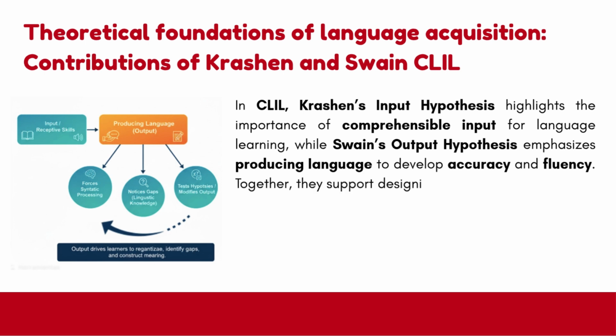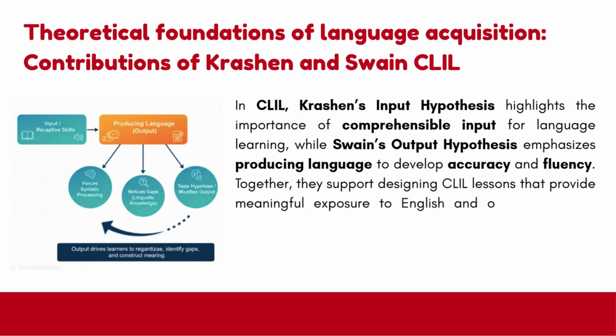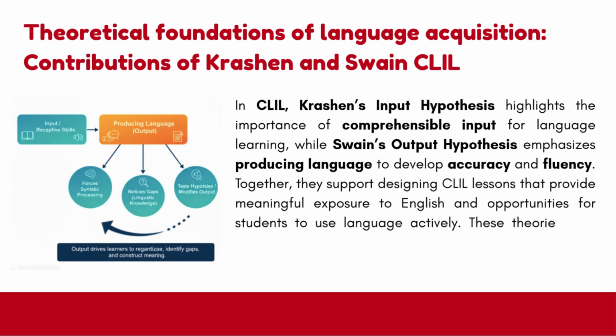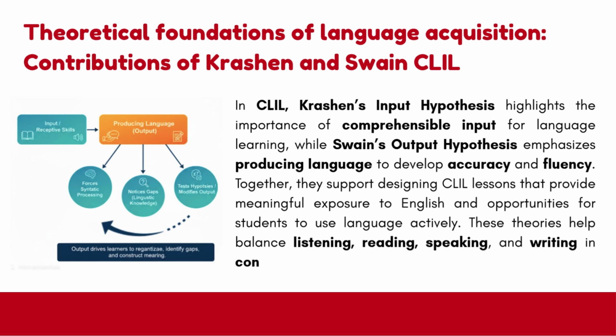Together, they support designing CLIL lessons that provide meaningful exposure to English and opportunities for students to use language actively. These theories help balance listening, reading, speaking, and writing in content-based contexts.